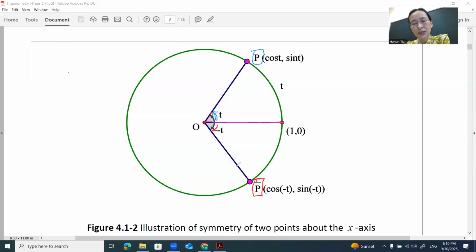So we're going to see this is the x coordinate, right? For this point, this is the x coordinate, which is the cosine of negative t. This is the y coordinate of this point, which is equal to sine of negative t. That's something we know already by the previous discussion.